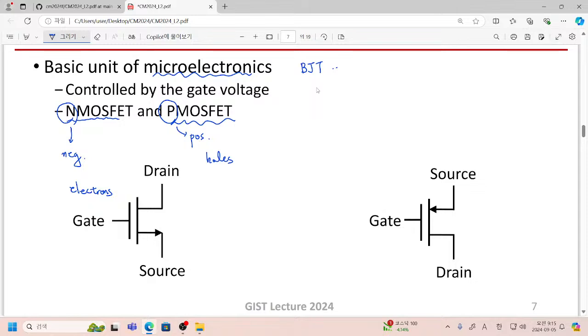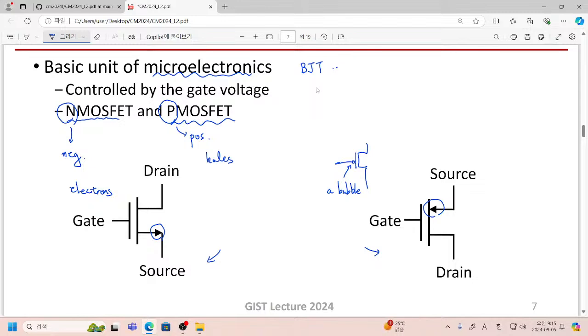Here we have the N MOSFET and this is the P MOSFET, their circuit symbols, and the difference is the position of these arrows. Or sometimes for the P MOSFET we introduce this bubble to represent that it is a P MOSFET.